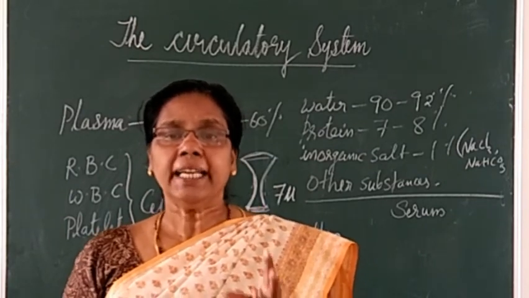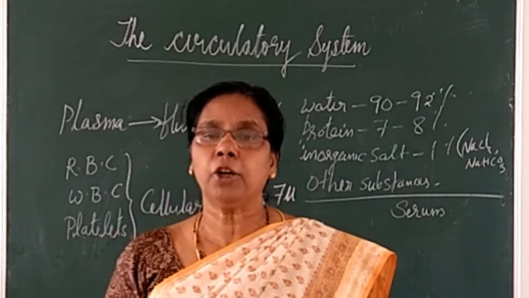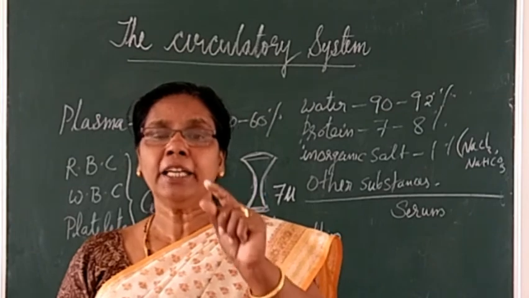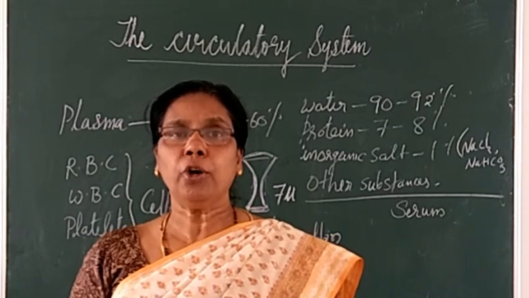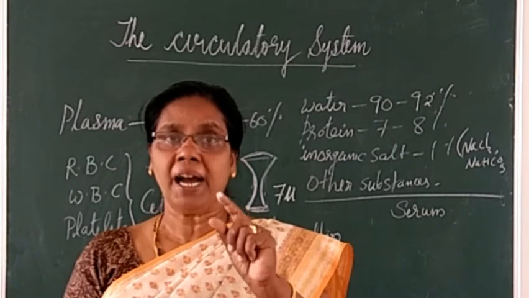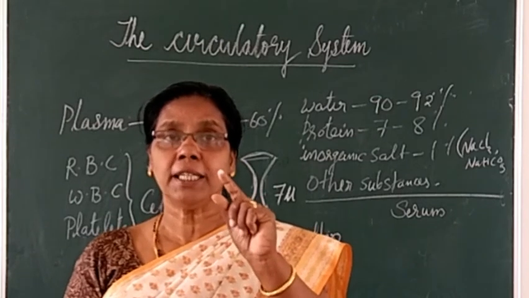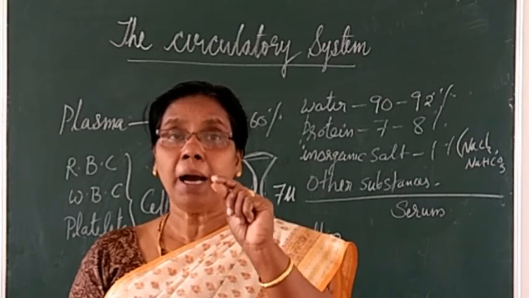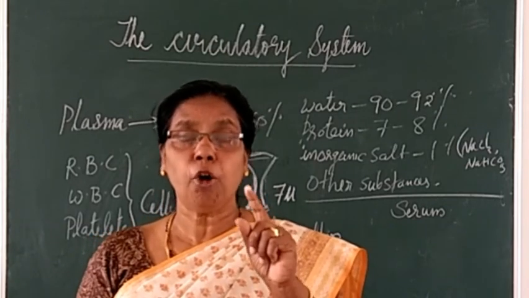So hemoglobin carries a small amount of carbon dioxide and forms a substance called carbaminohemoglobin.